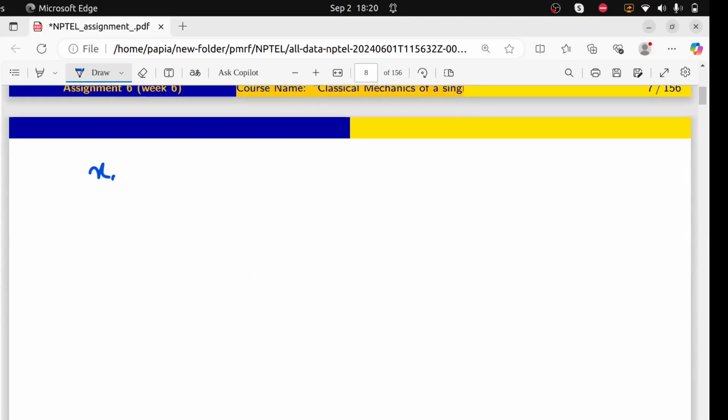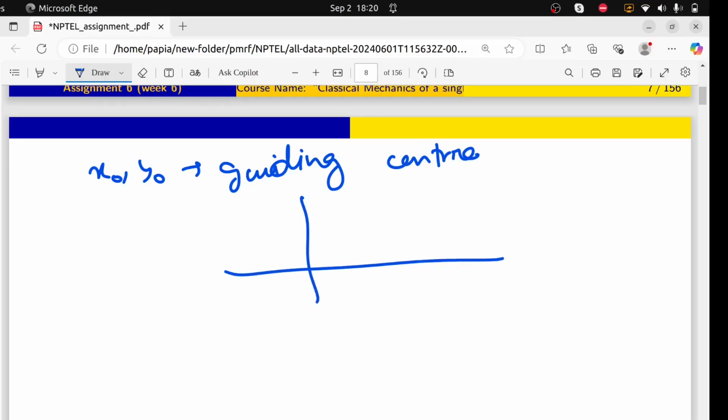And x0 and y0 are the guiding center. So the motion of the particle in a constant magnetic field will be like this: here if it is x and here it is y, and vz is nothing but a straight line, because vz dot equals 0.